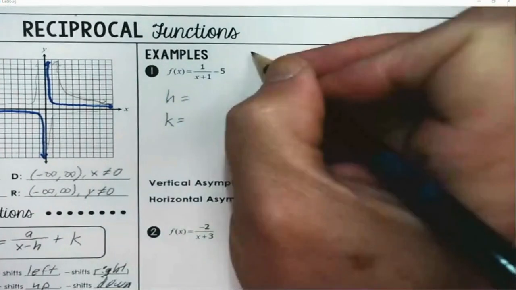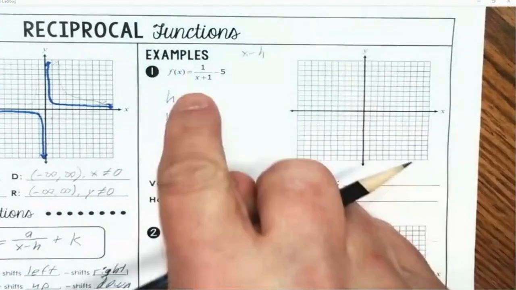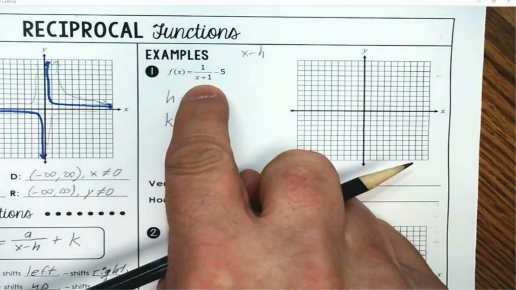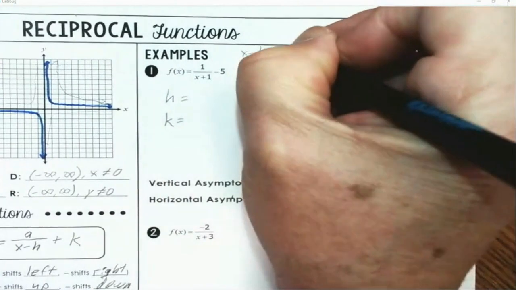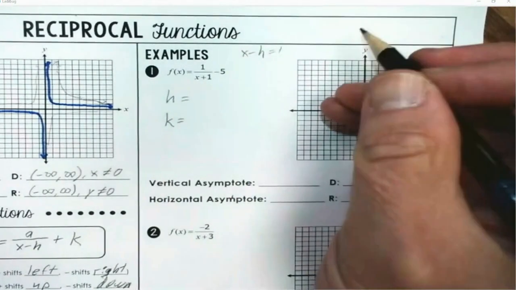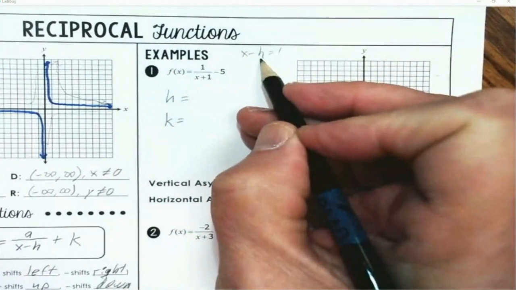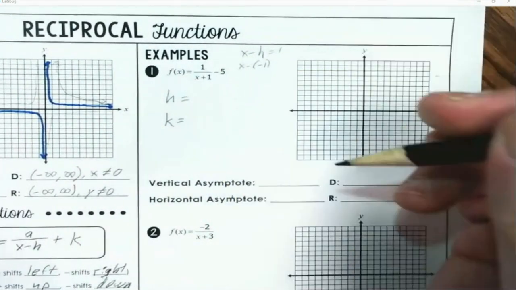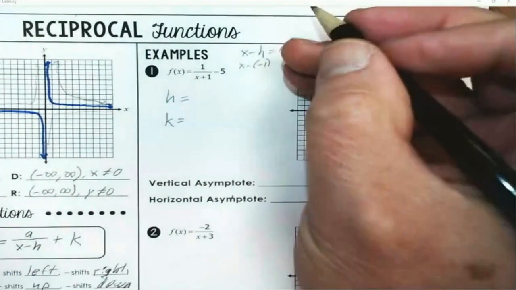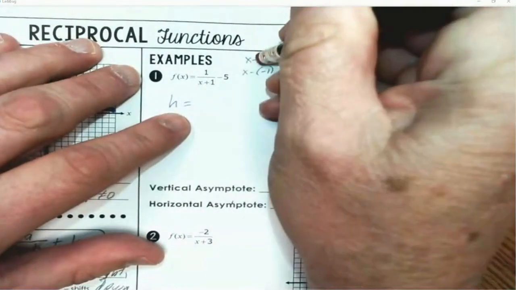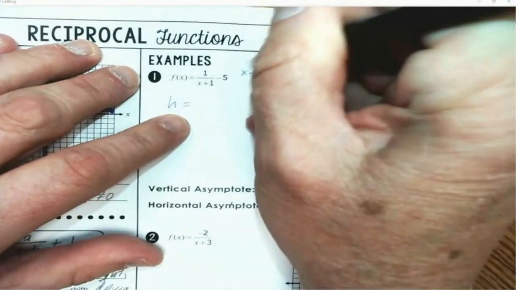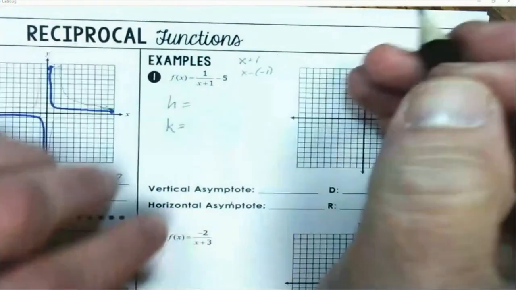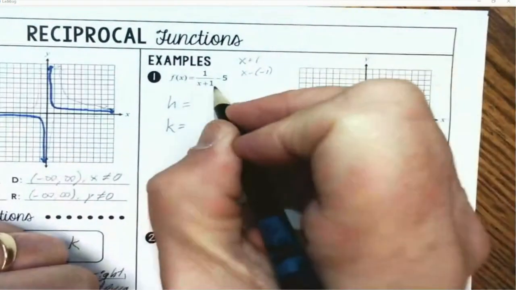Because it's x minus h. So if it's x plus 1, then x plus 1 is what is equal to x minus h.